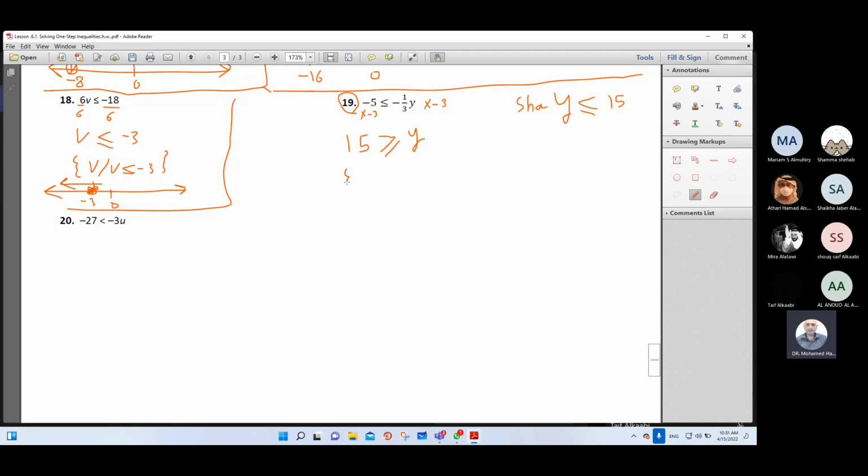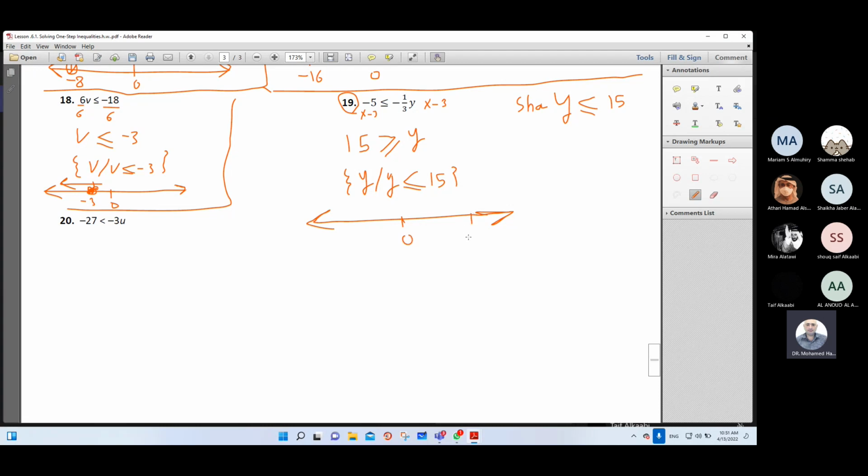So the set of the solution, y such as y greater than, less than, sorry, y less than or equal 15. And the graph, this is 0 here.